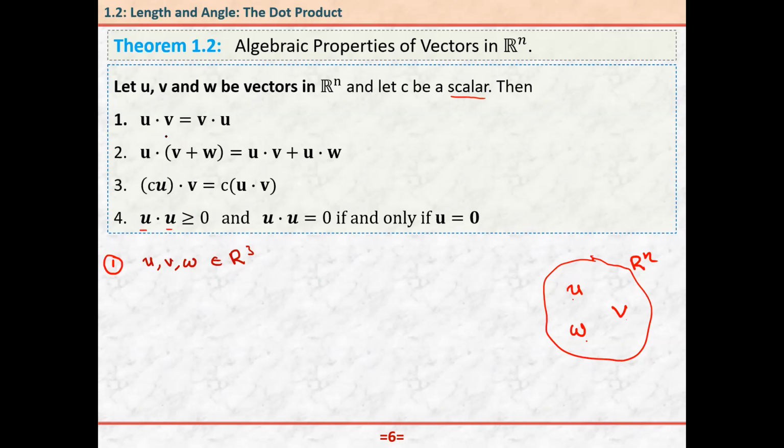So why does u dot v equal v dot u, for example? Let's say u dot v means that here we have, since actually the vector name is u, let's say components are also u sub 1, u sub 2, u sub 3. And here we have dot, here we have v sub 1, v sub 2, v sub 3, right?